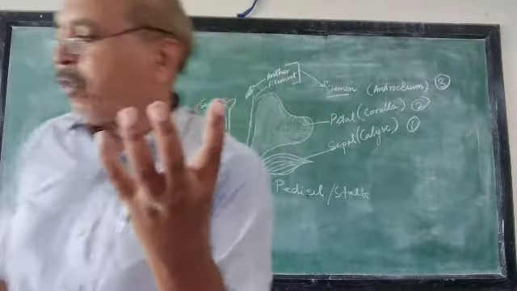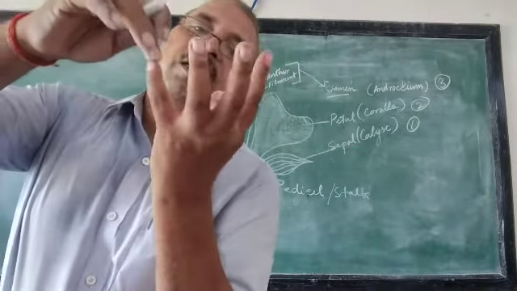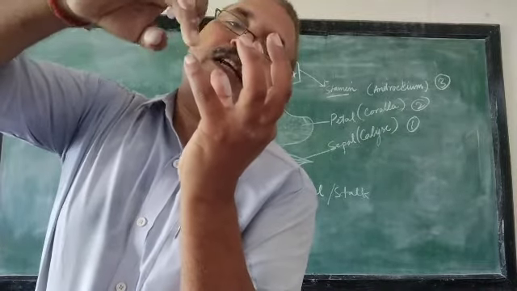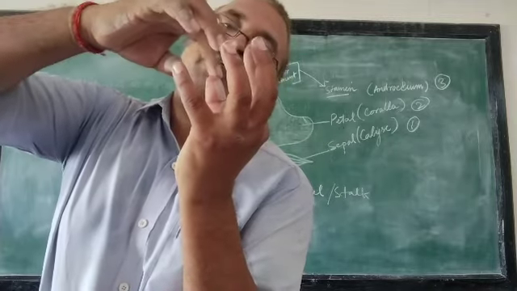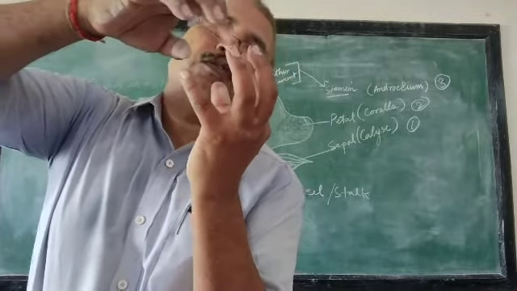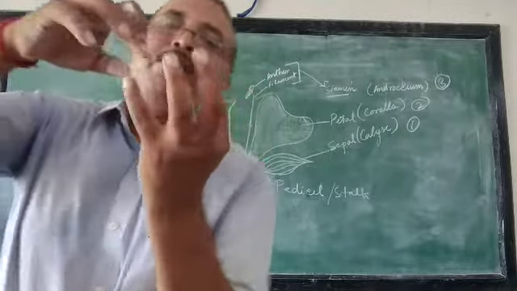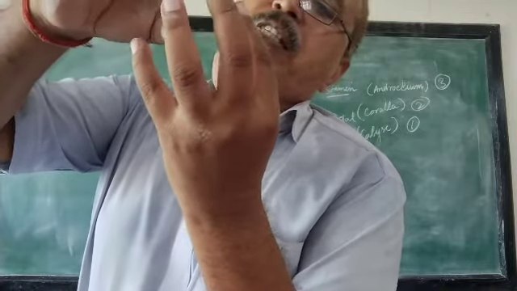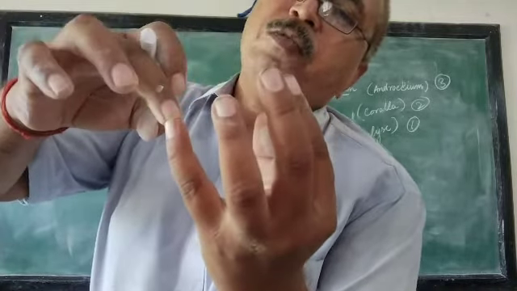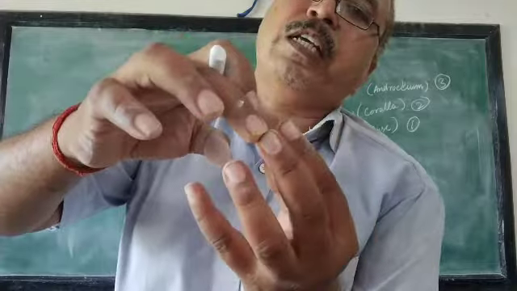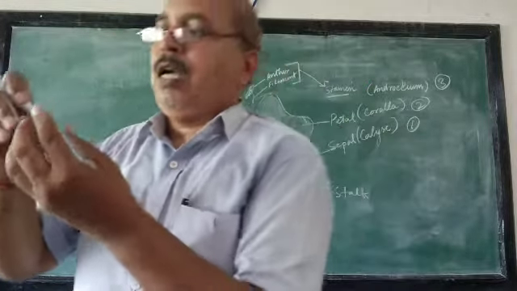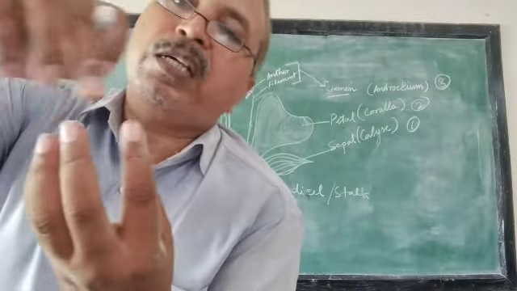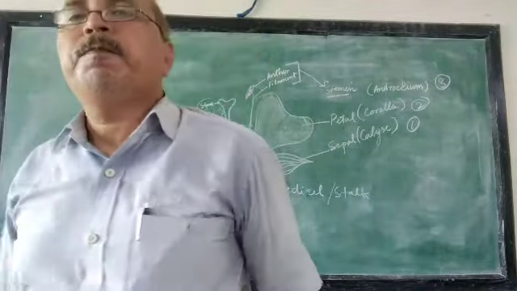Suppose these are sepals, my fingers are sepals, they are arranged in a circle, one, second, third, fourth, fifth, five sepals. And you see, this whole circle is known as calyx.